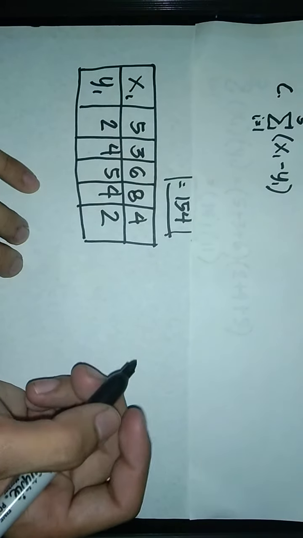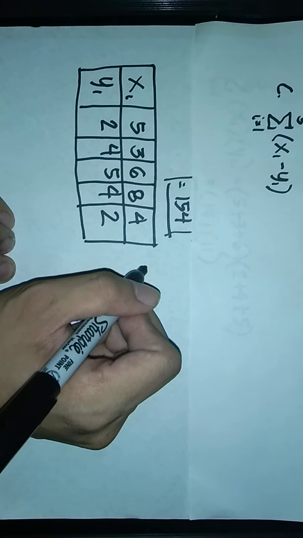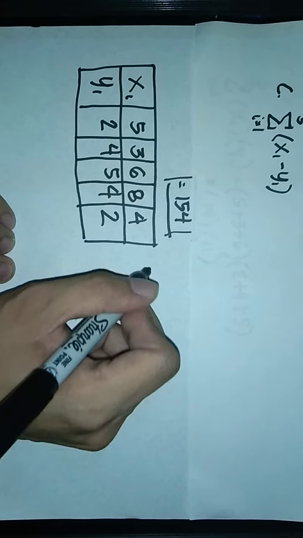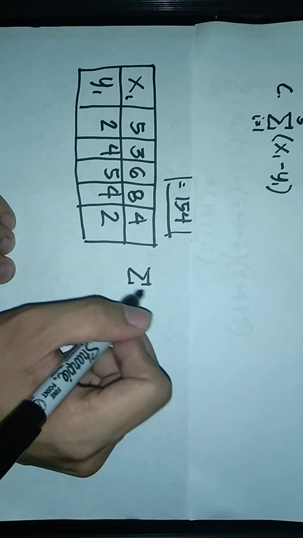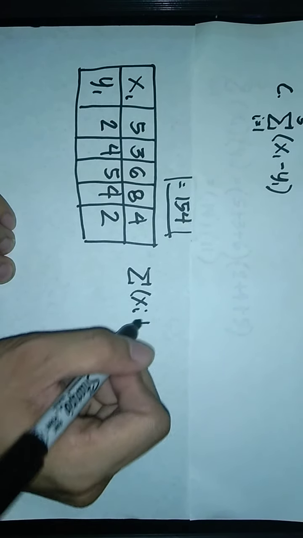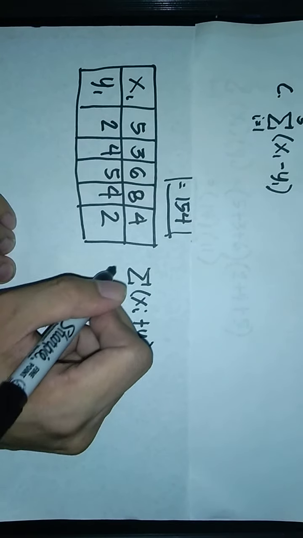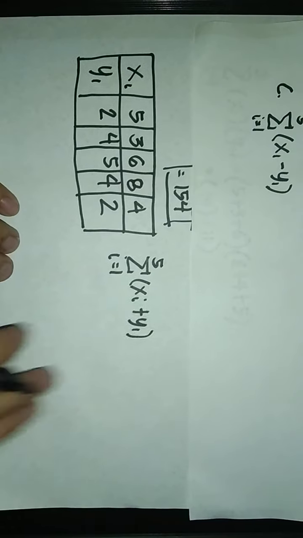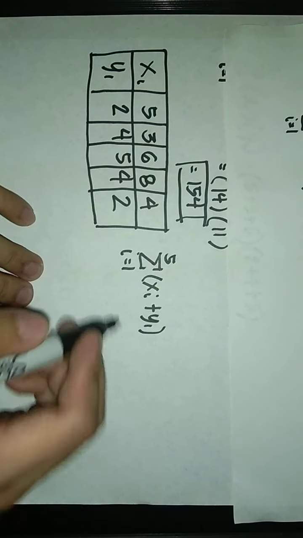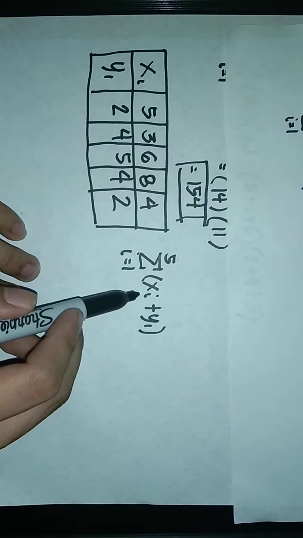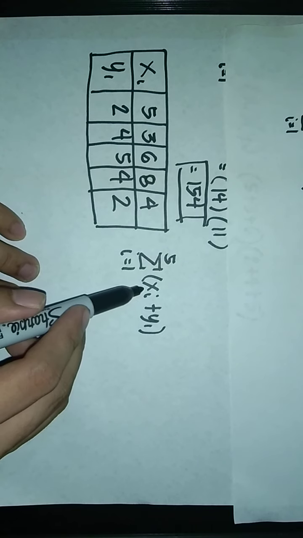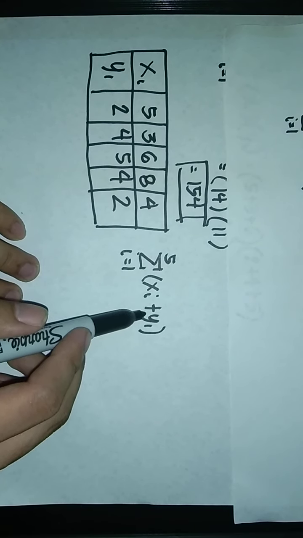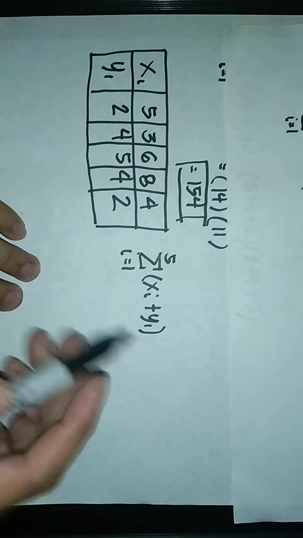And then yung ating equation is the summation of x sub I plus y sub I, where I is equal to 1 to 5. So this is the summation of variables naman, summation of sums. So ang gagawin natin, kukuhanin natin yung values ng x sub I at y sub I mula 1 hanggang 5.